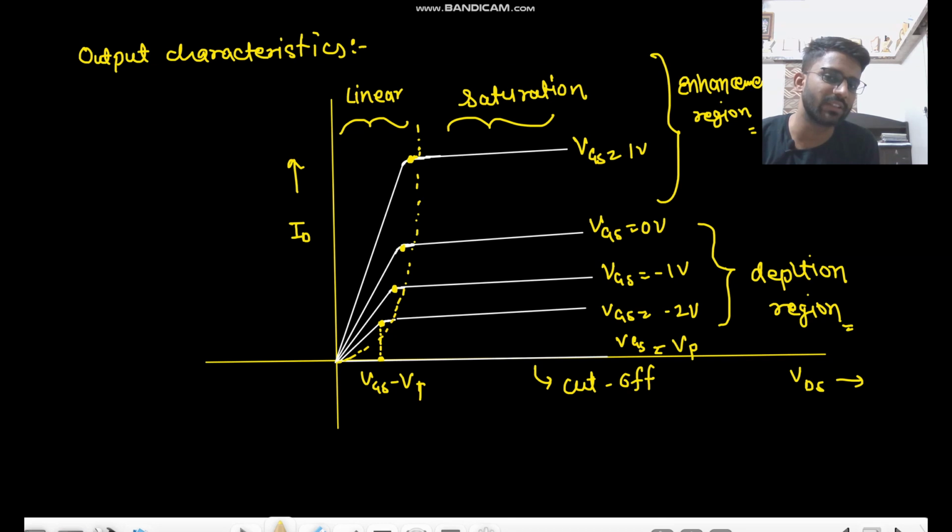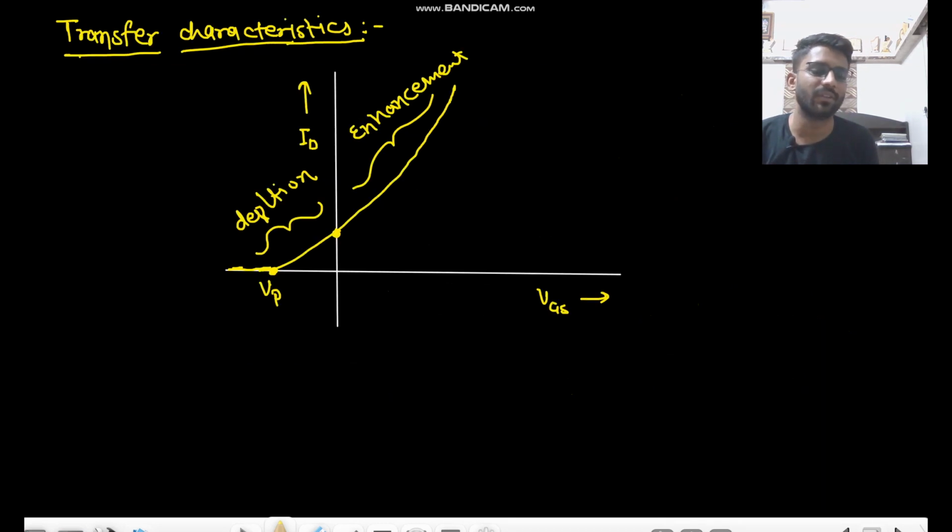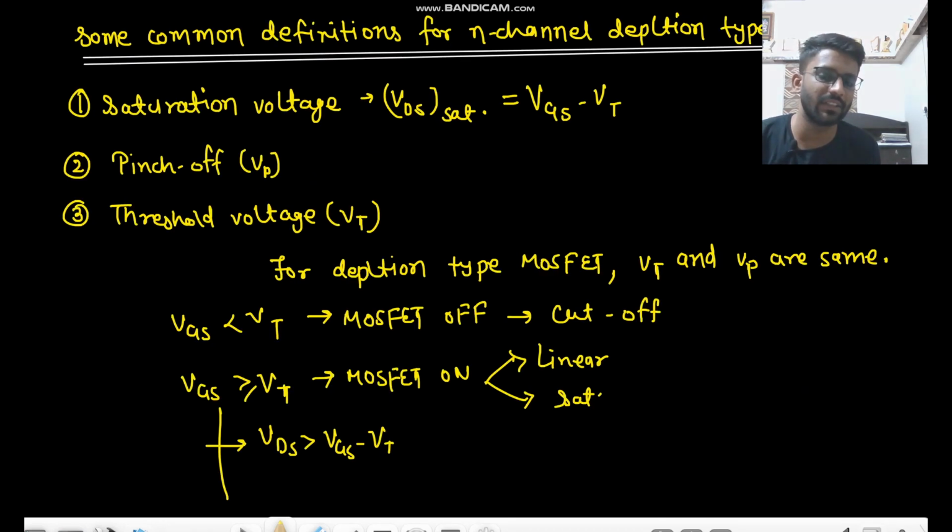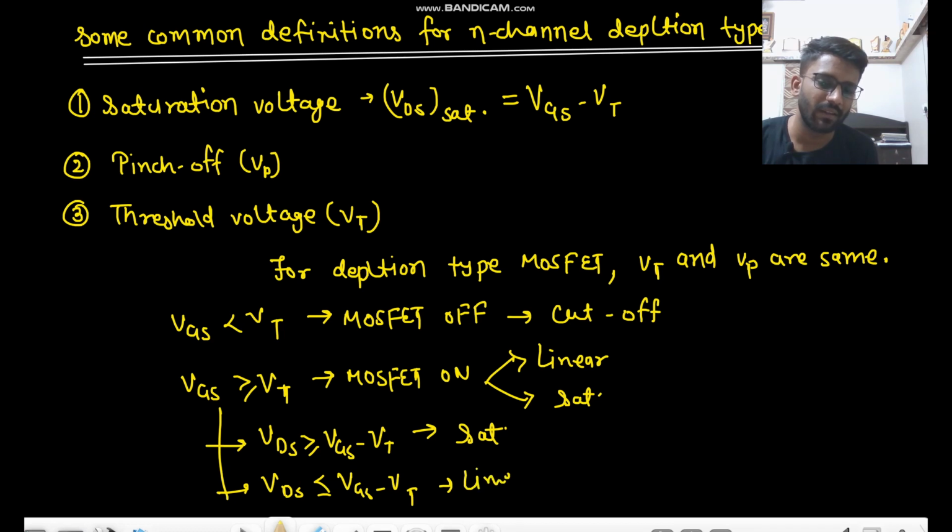So this will be saturation mode. If VDS is greater than or equal to VGS minus VT, that means it will be saturation mode. If it is less than VGS minus VT, it will be linear mode.